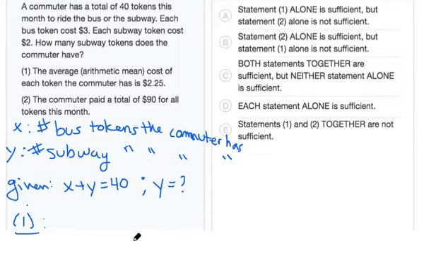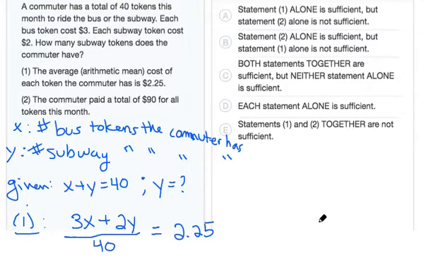So finding the mean, we would have 3x, the cost of all the bus tokens, plus the cost of all of the subway tokens, 2 times y, divided by the total amount of tokens, which would be 40. That would be the average, which would equal $2.25.